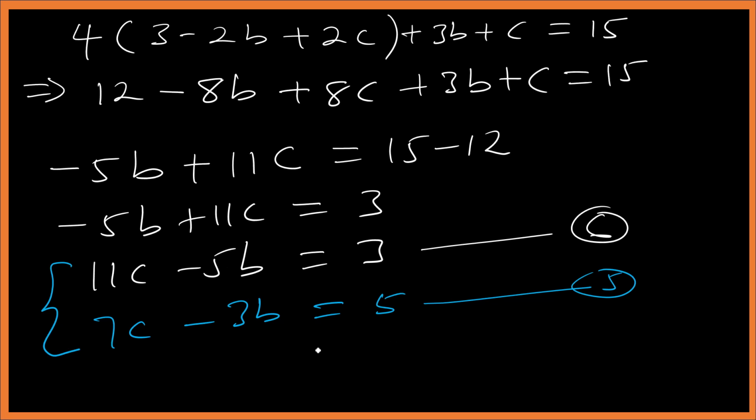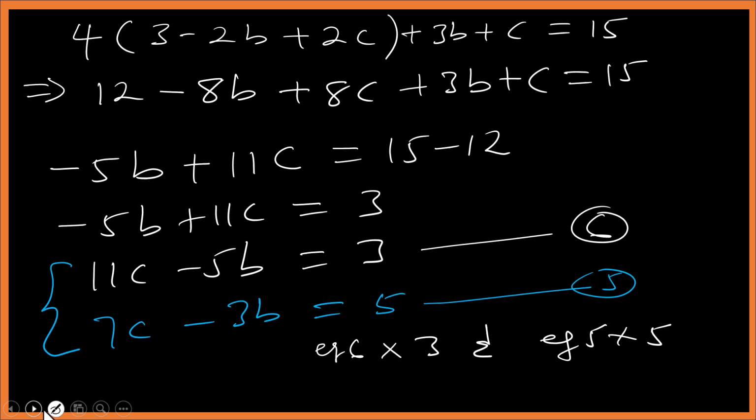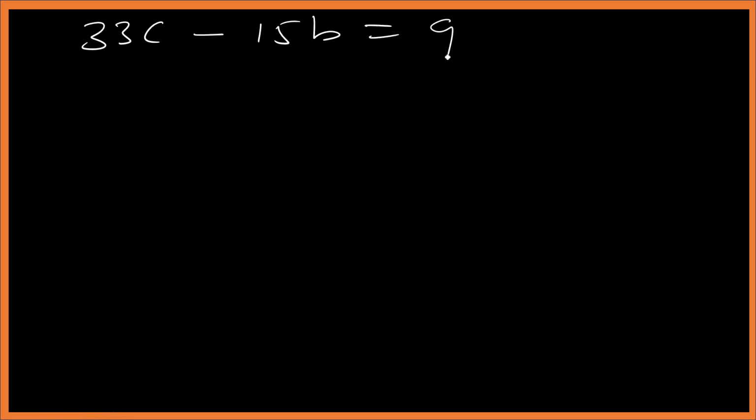So equation 6 times 3 and equation 5 times 5. This times 3 will be 33c minus 15b equals 9. So that will be the seventh equation.